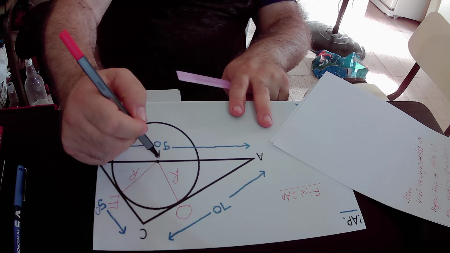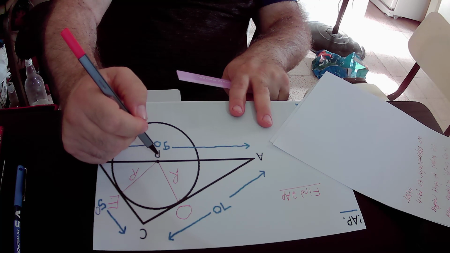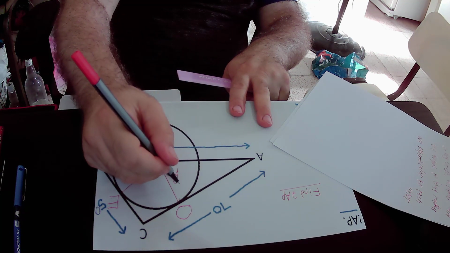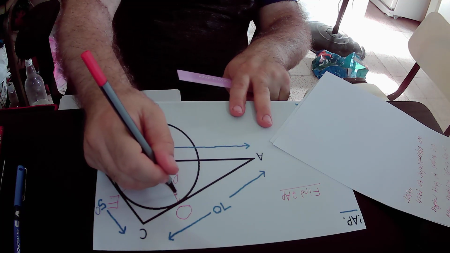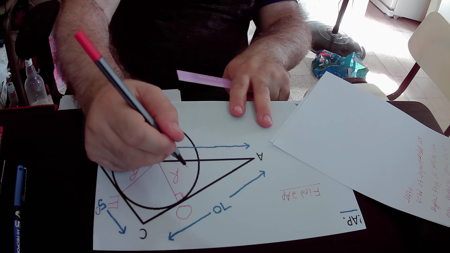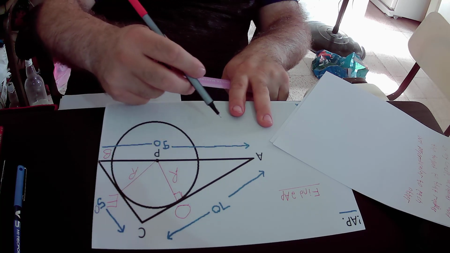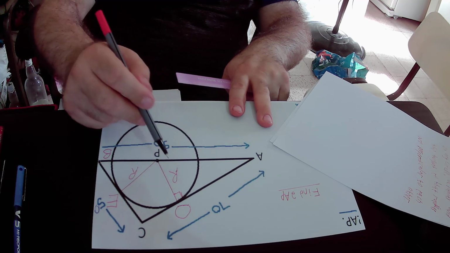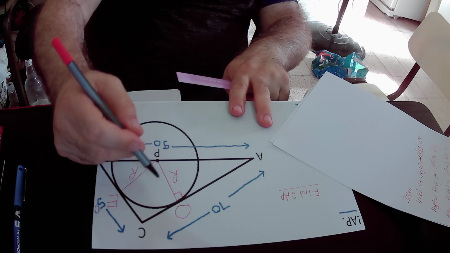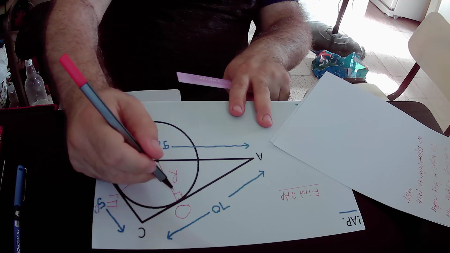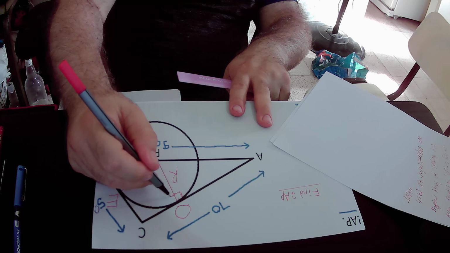So angle POA equals 90 degrees, and actually triangle AOP is a right triangle, and also angle POC equals 90 degrees.